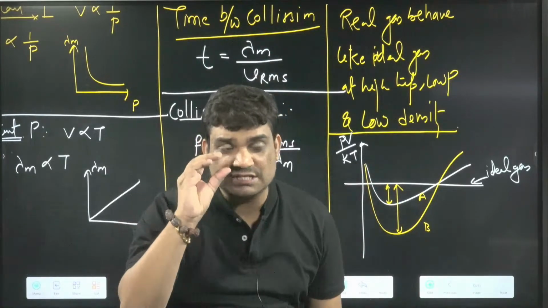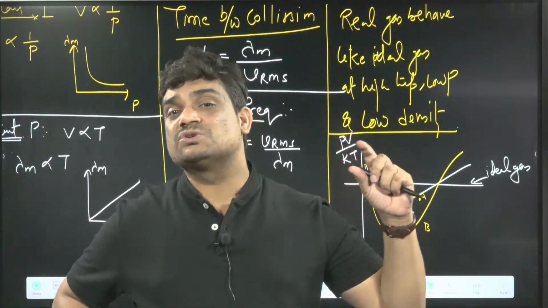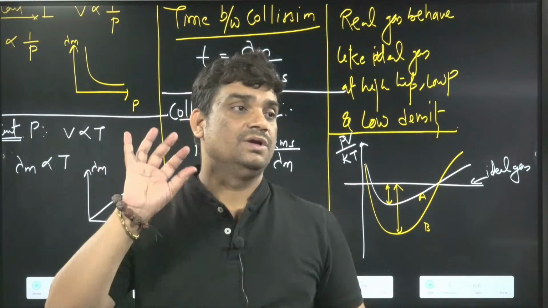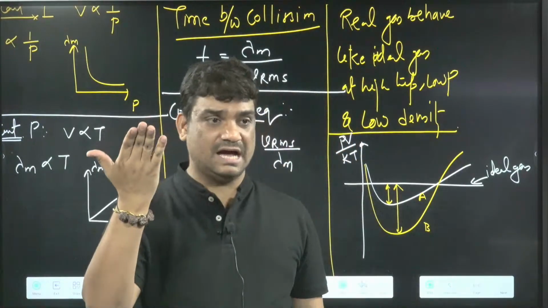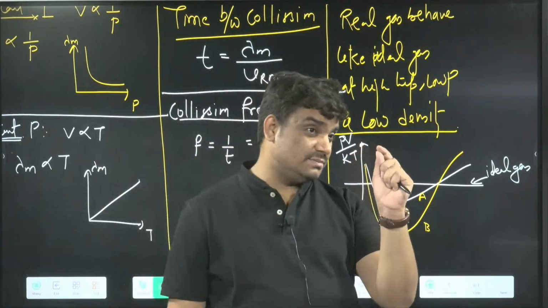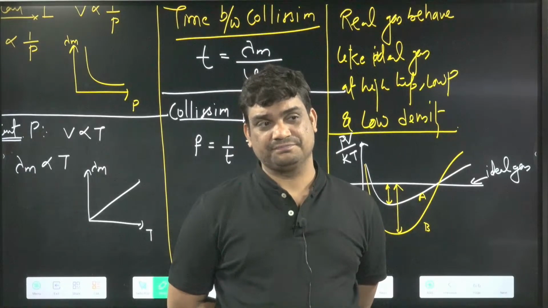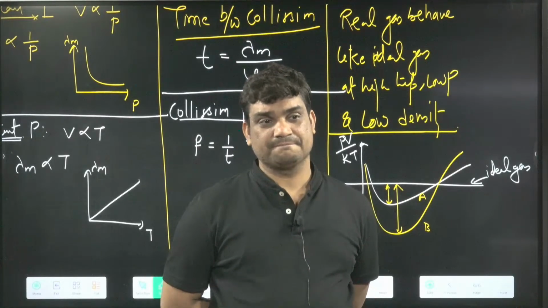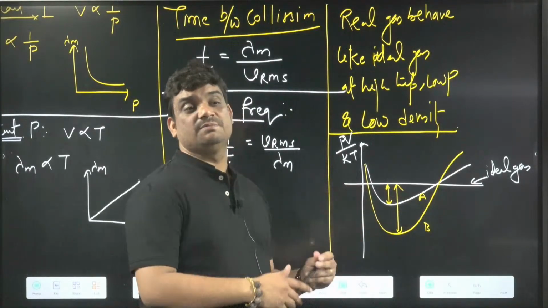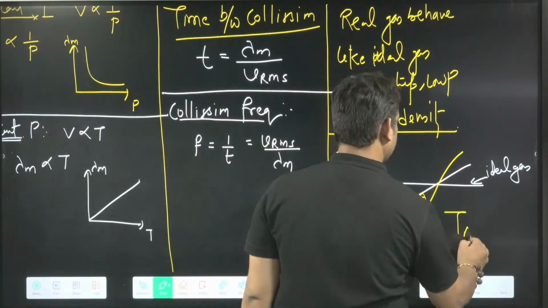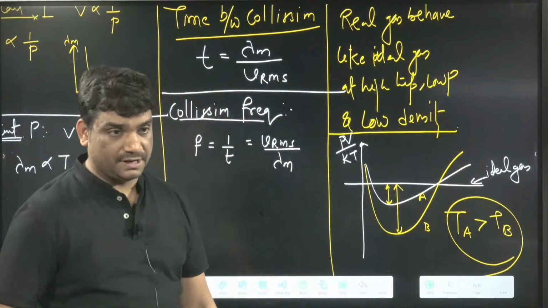Which one is close to the ideal behavior, having more temperature or less? A is very close to the ideal behavior, so we can say the temperature of A is more than the temperature of B.